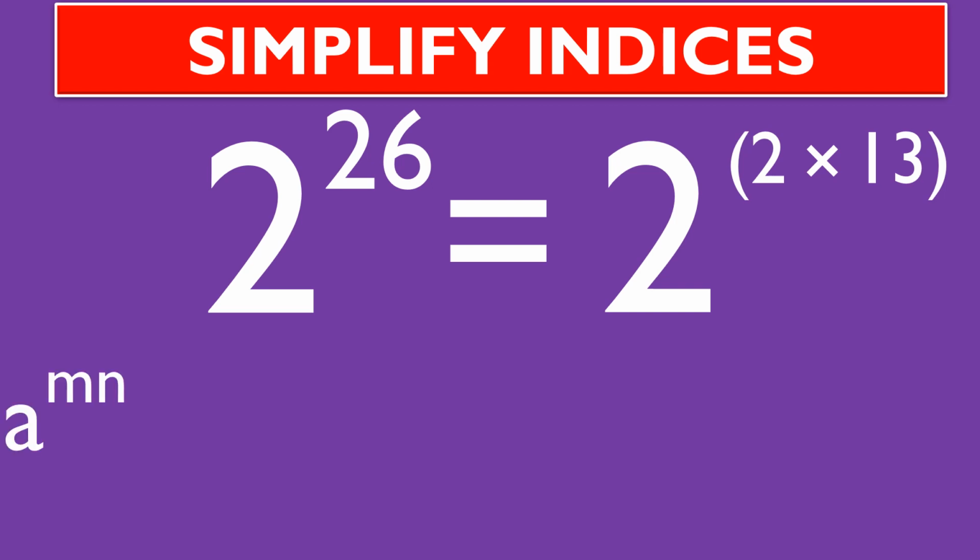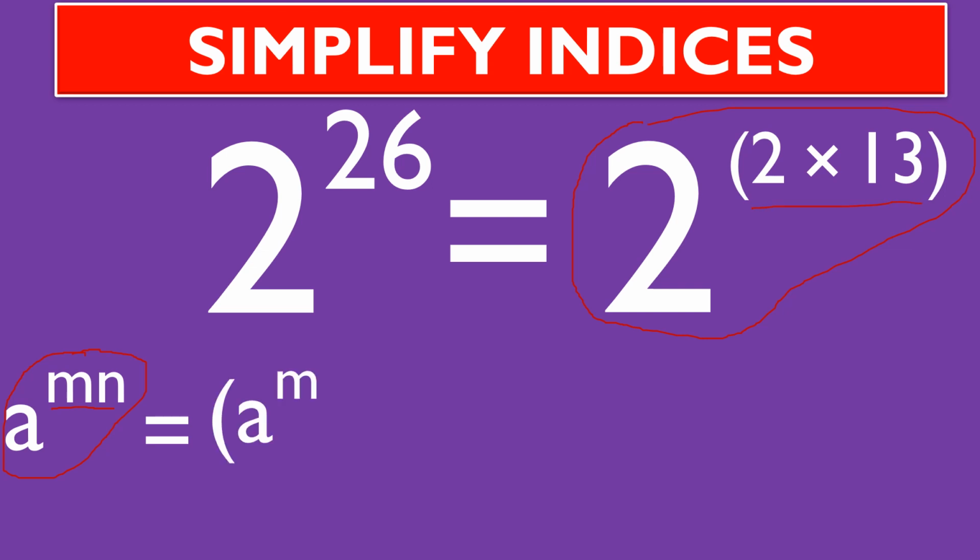And according to the law of indices, a raised to the power of mn, that is a raised to the power of m times n, and this is what we are seeing here, is the same as what we have, 2 raised to the power of 2 times 13.